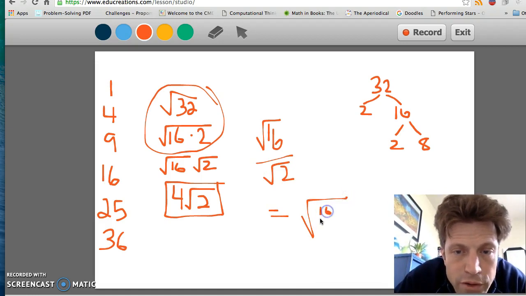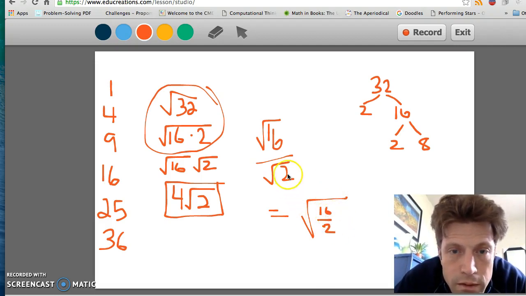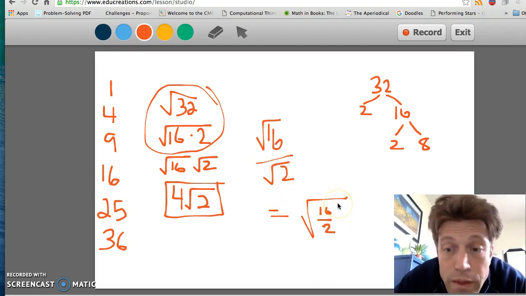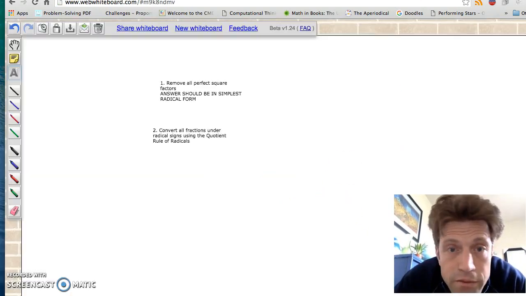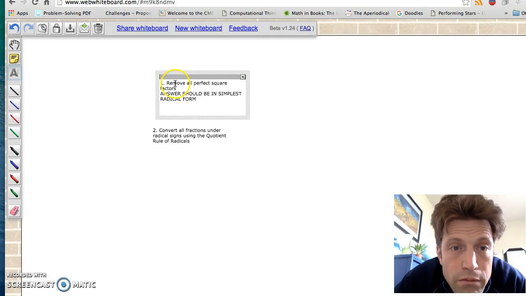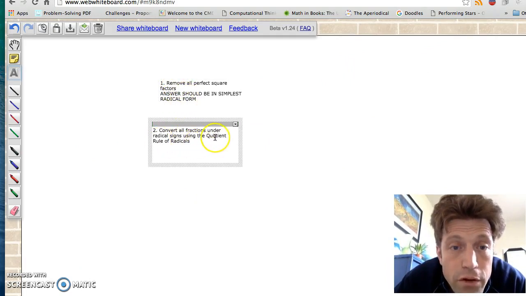So with radicals, if you divide them and multiply them, they work together. You can do that. So that gives me all the perfect square factors. We got to convert all fractions using the quotient rule of radicals.